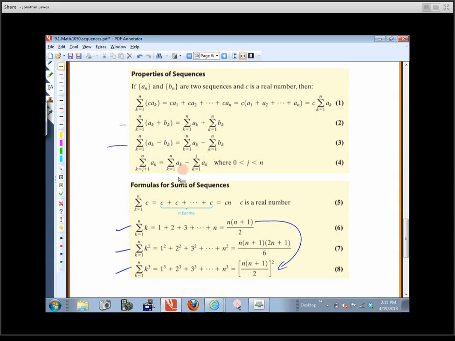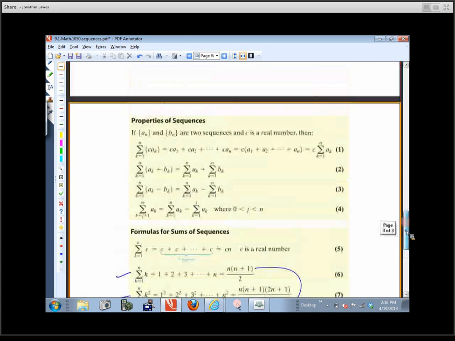We won't worry about that one for the time being, but it might be a good one to come back and take a look at. And this one says, if you know what the sum is for this, and you multiply every one of the terms by a c, you can just pull that constant out front.